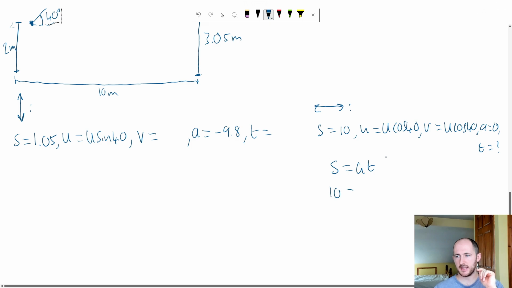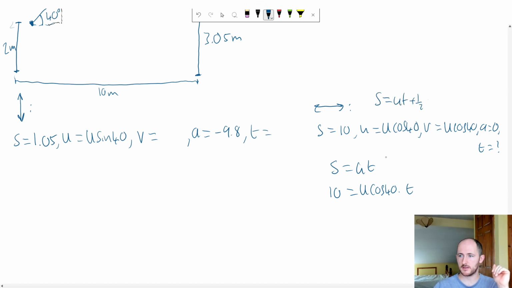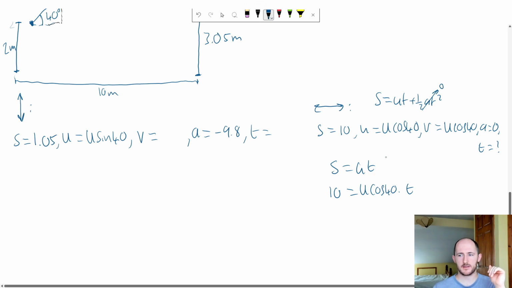So 10 equals u cos 40 times t. Because distance is always equal to speed times time. By the way, if you're wondering where that actually comes from, it comes from this. But when we have zero acceleration, that's what happens. Okay, I could now rearrange this for t, right?